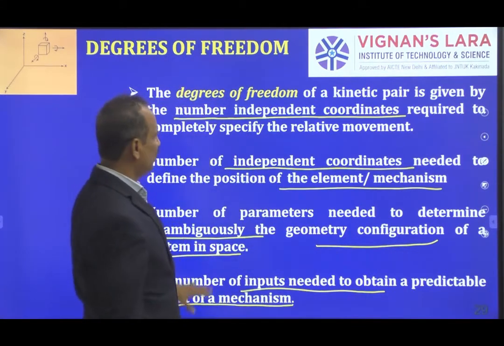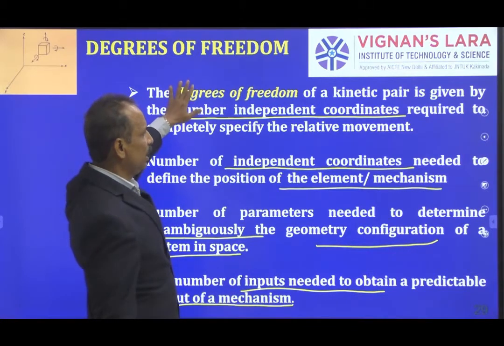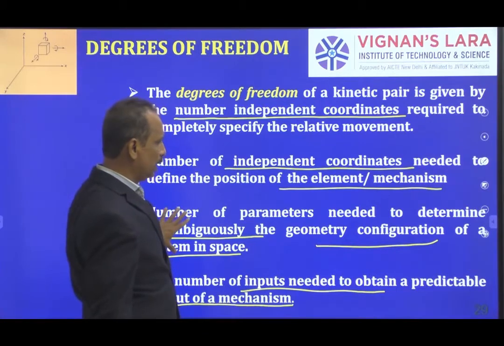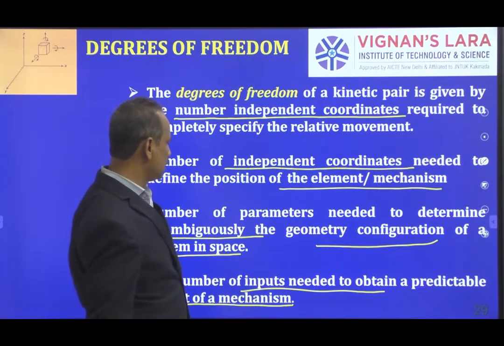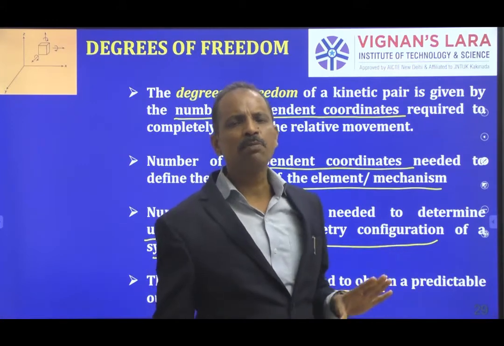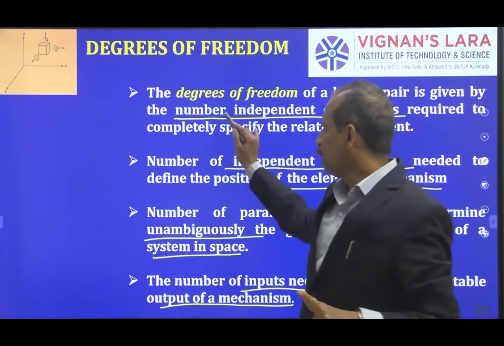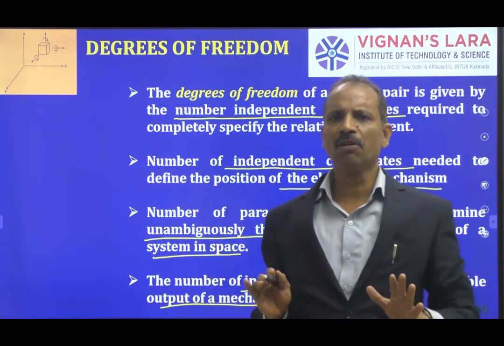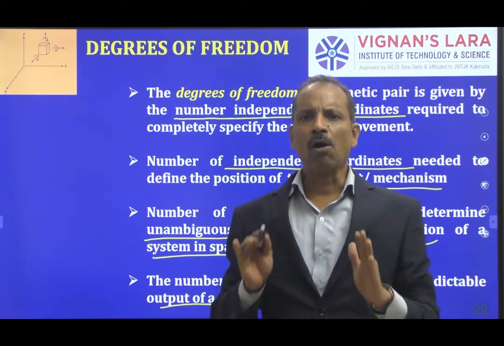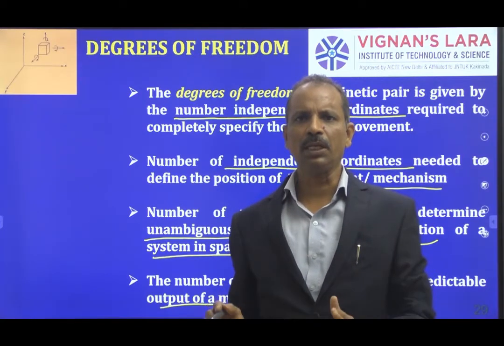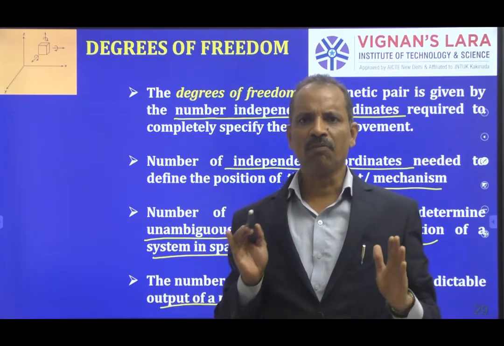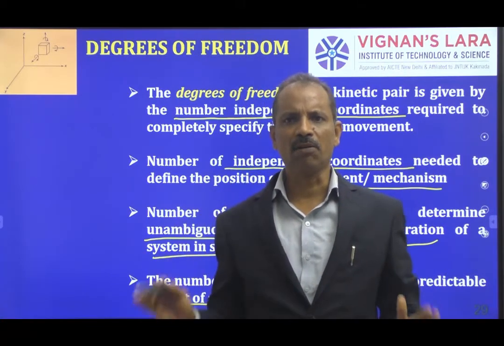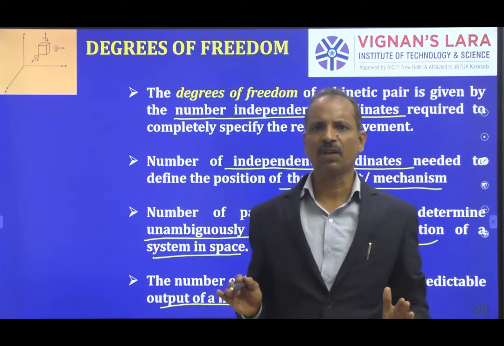So there are various definitions, one is for pairs and another for mechanism, and one is related to free space, and this is talking about types of constrained motions. But as a nutshell, as a whole, we can say a degrees of freedom is nothing but how many ways that object can move in free space with the given constraints. It is called degrees of freedom.